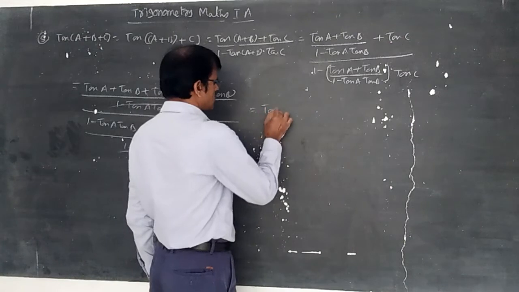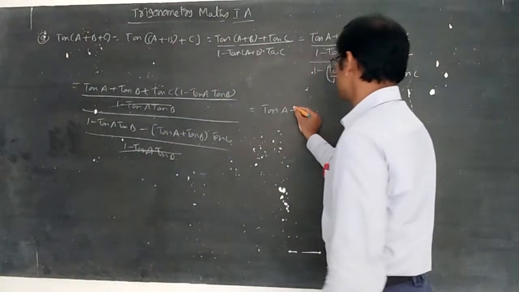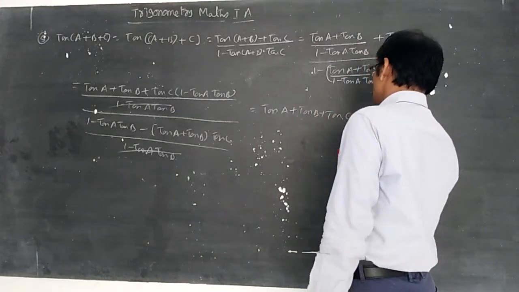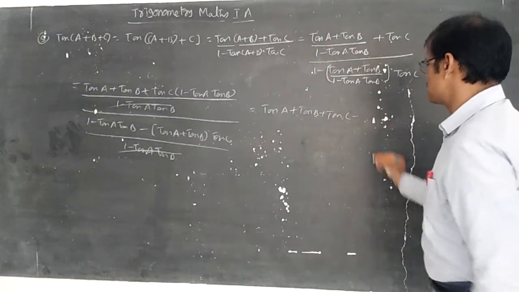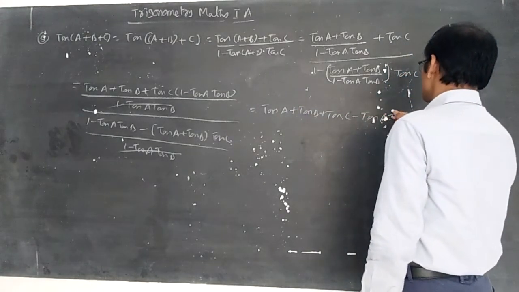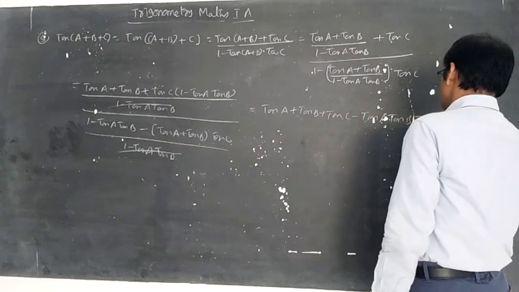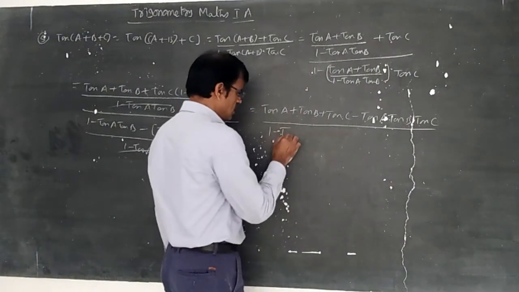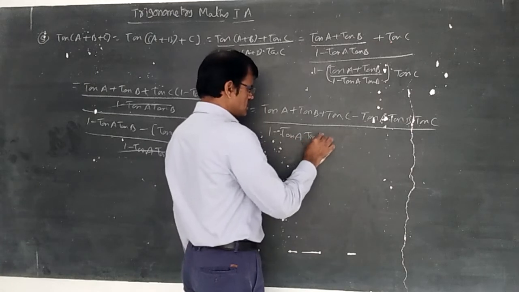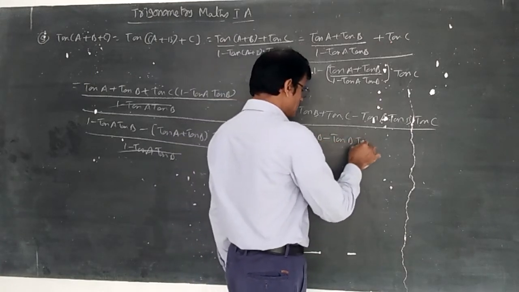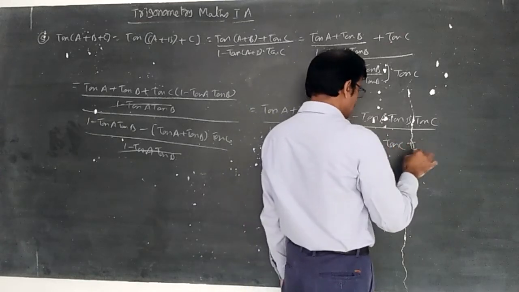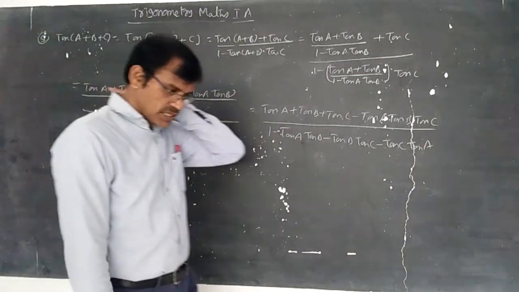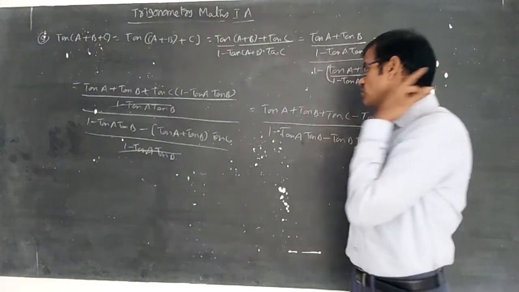That is equal to tan A plus tan B plus tan C, minus, multiplying with tan C, it becomes tan A into tan B into tan C, whole by 1 minus tan A tan B minus tan B tan C minus tan C tan A. So tan A plus tan B plus tan C minus tan A tan B tan C by 1 minus tan A tan B minus tan B tan C minus tan C tan A. You should remember this one as a formula.